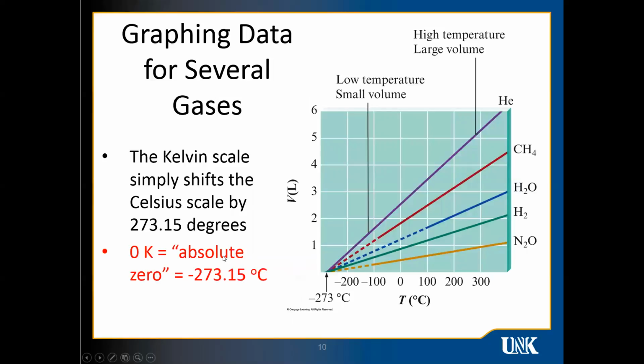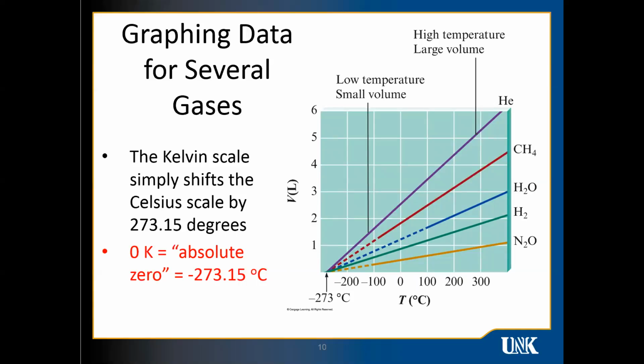Now, as I mentioned, it's this relationship that gave rise to the notion of absolute zero, because if you plot the volume of a gas as a function of temperature, you get a linear relationship. Notice that positive slope, direct relationship, and you can take these trends and extrapolate them down all the way to zero volume.